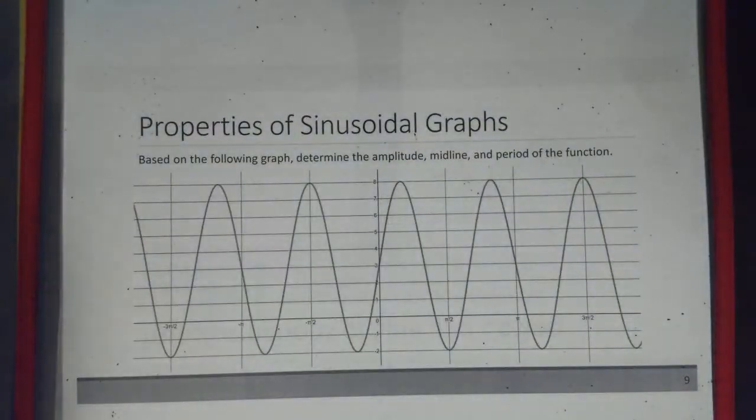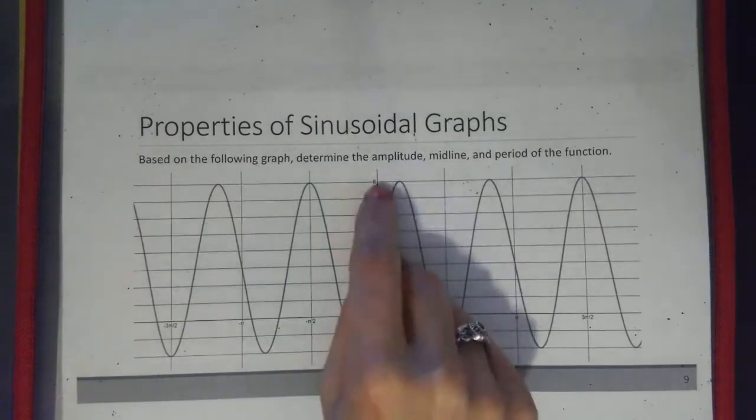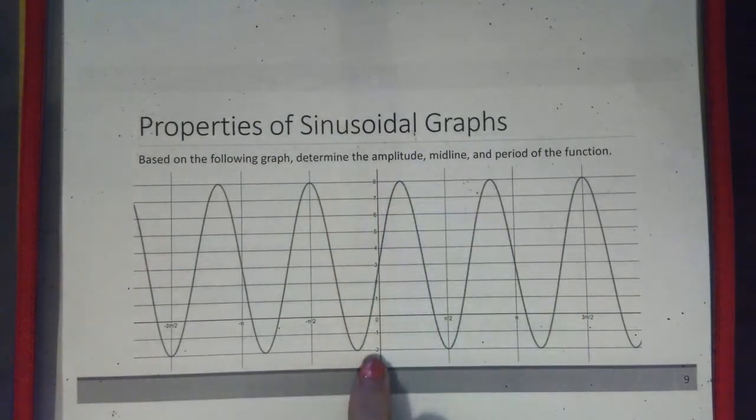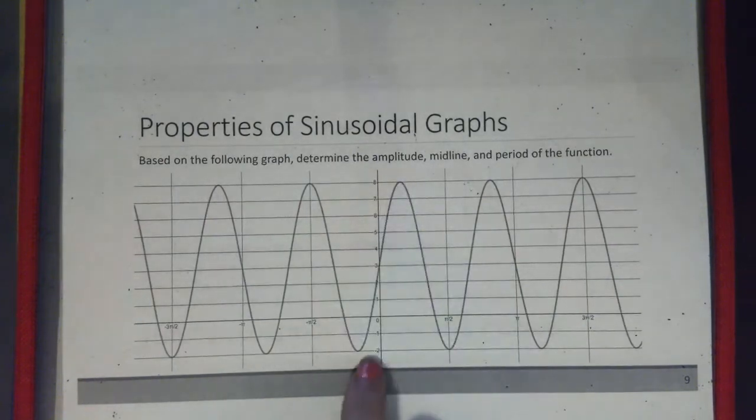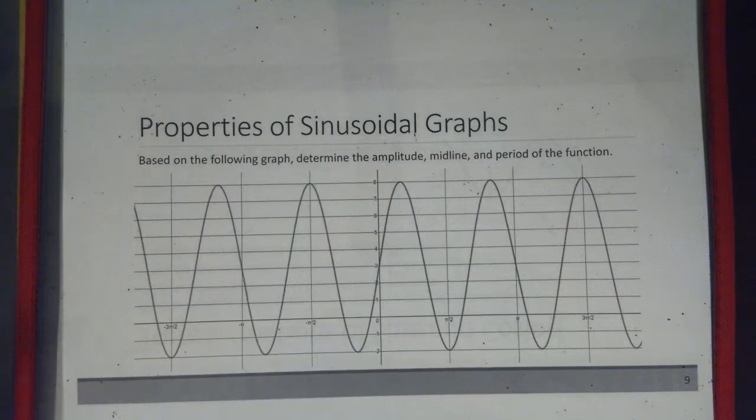So we're going to take a look at this graph and see if we can find the amplitude, the midline, and the period of the function. So let's see. I think it's going to be easiest to find the midline first. So we go up to 8 and down to -2. So we need to find out what's in the middle of those. One way you can do it is by adding the top and bottom values and dividing by 2, or really finding the average of them.